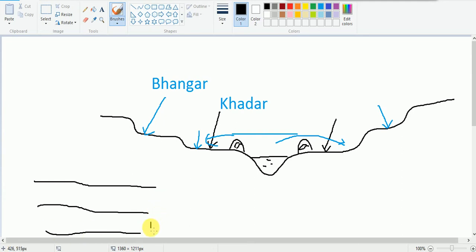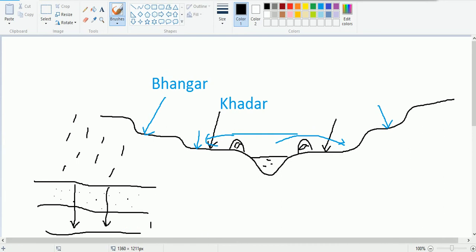Next we have the B horizon, and here the topmost layer, that is the A horizon, contains lots of nutrients and minerals. Due to the heavy rainfall in the tropical areas, the rainwater will dissolve the minerals found in the soils and carry them downwards. They will be deposited in the B horizon and the C horizon, and this process is known as leaching.